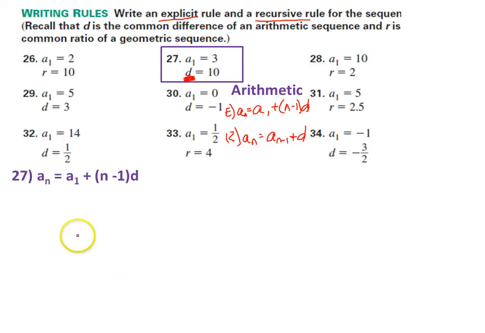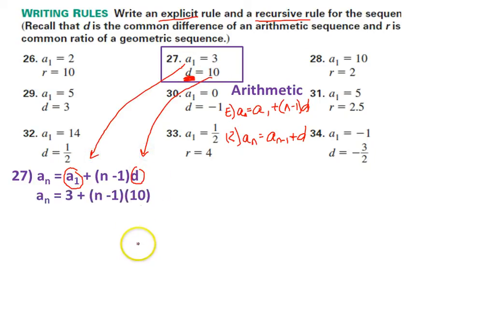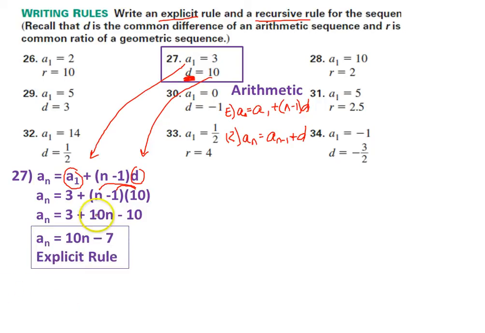Okay, so first for our explicit, what do we need? A sub 1 and D, which we have. So plug in your 3 and your 10. And solve, just like you did the other day. So this gives us 10n minus 10. So what's our explicit? Our explicit is 10n minus 7.